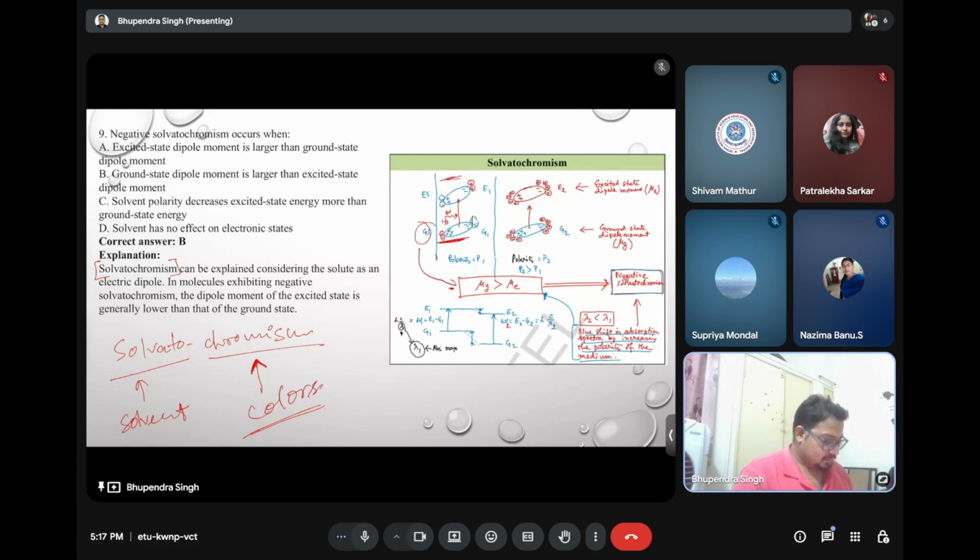Let's say this molecule is in a solvent of polarity P1.